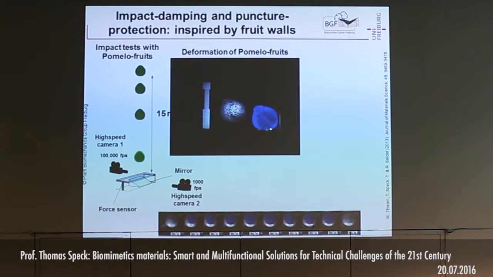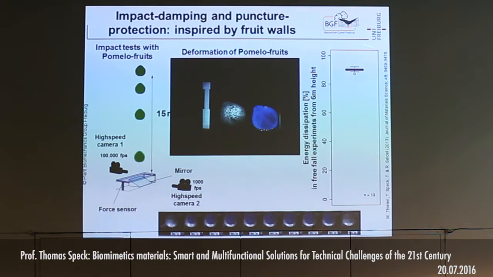On the other hand, what you see here with different coloring, about 75 to 85% of the peel is deformed. So you transfer local impact to a global answer of the peel, because the deformation is the thing which damps away the energy. And in all tests, the energy dissipated in free-fall experiments from 6 to 50 meters high is between 90 and 95%. That's a pretty good thing to do.